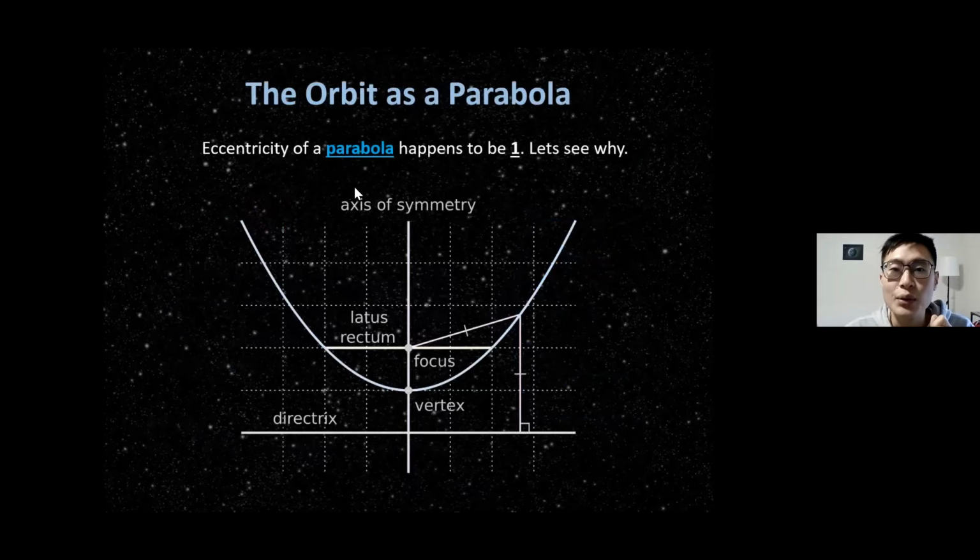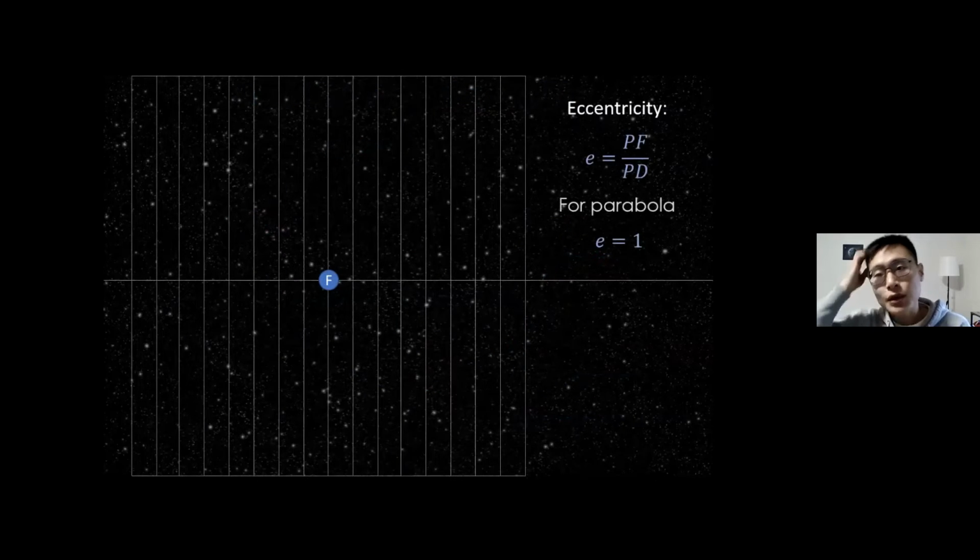Let's start with the eccentricity of a parabola, which happens to be 1, and let's see why. Eccentricity is a constraint equation. I have a particular focal point which I begin with, that's F, and I come up with an imaginary line called the directrix, D, and I force the eccentricity constraint equation to be equal to 1.